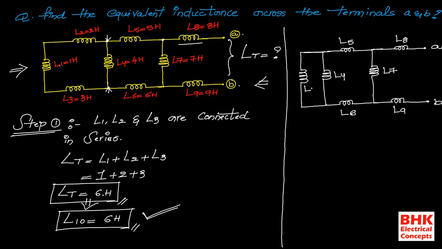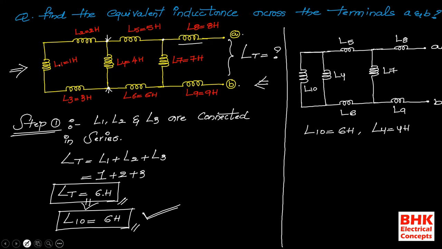The value of L10 is 6 Henries, and the value of L4 is equal to 4 Henries.